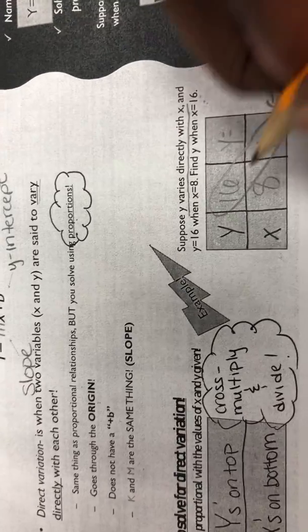And I'll put, instead of an x, I'll put multiply. Okay, and then once you cross multiply those, divide by this 8.